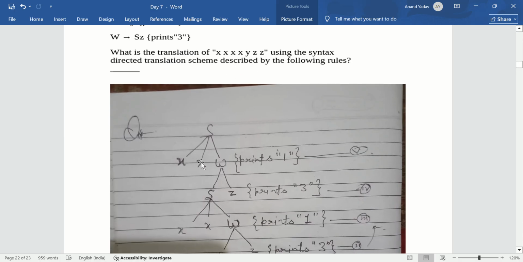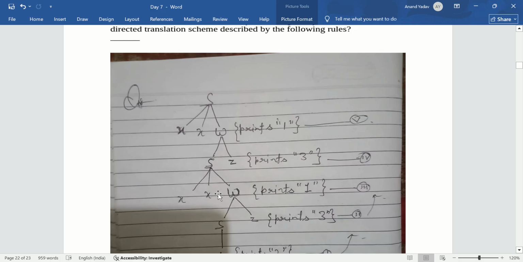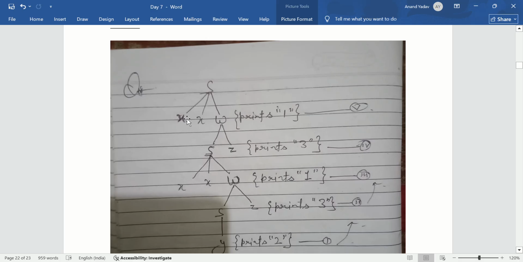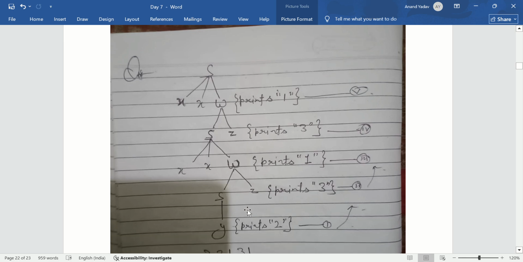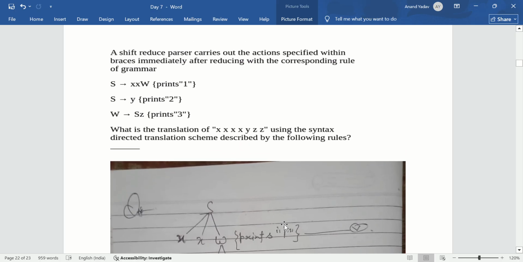By this translation we will create a syntax tree. I will create it in this way, and the left side is its print output statement. So it will print from the bottom: print 2, then 3, then 1, then 3, then 1. So 2 3 1 3 1. In this way I solve this question.